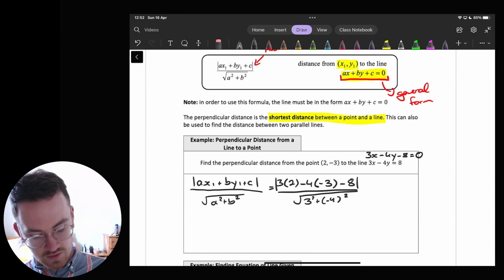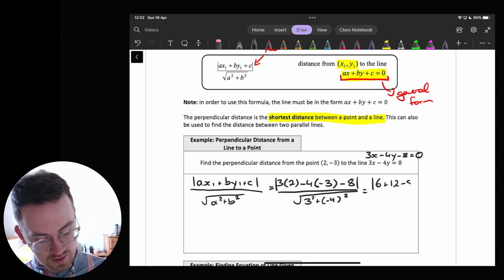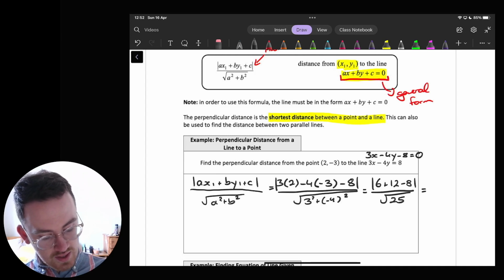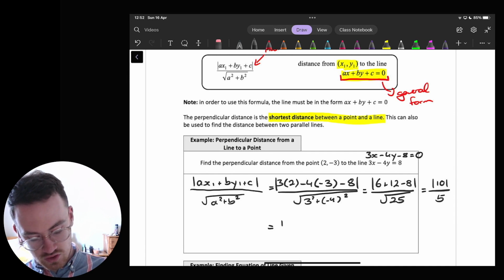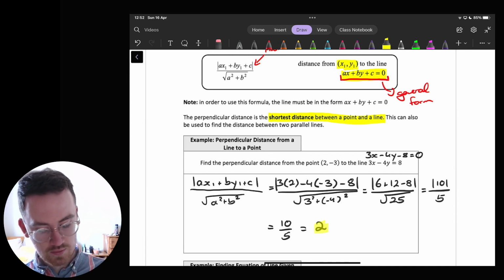And that should be absolute value. Continuing on, 6 plus 12 minus 8 all over root 25. That's going to give me absolute value of 10 over 5, which is 2. So my answer for that one will be 2.